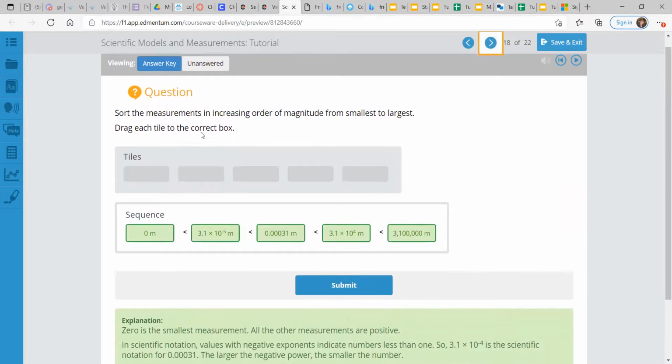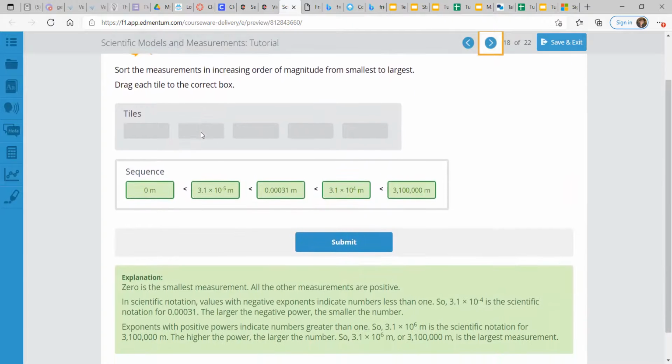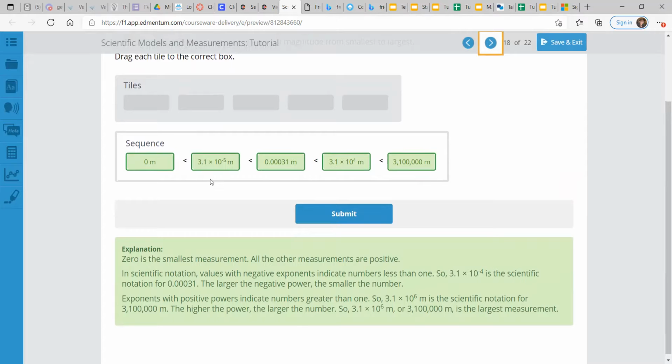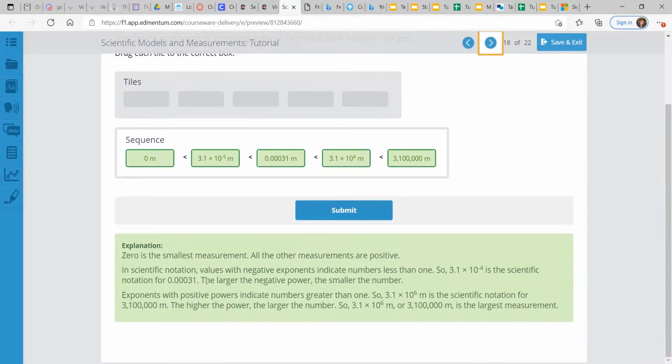Here's more dragging. 0 is the smallest amount. Then you get a very small number, slightly less small number, and so on until you get 3,100,000 meters. So this is practice for writing out the scientific notation.